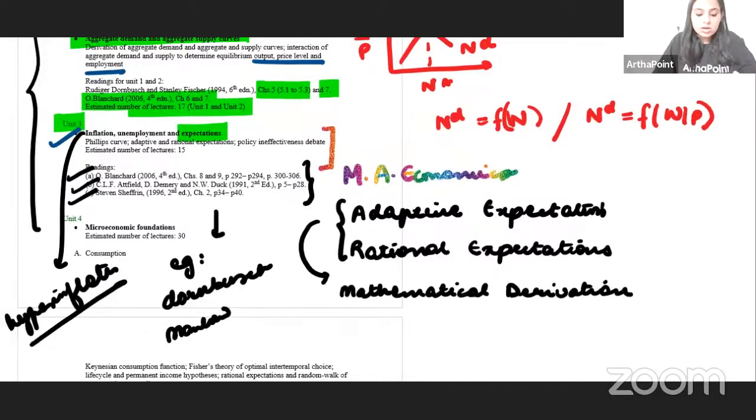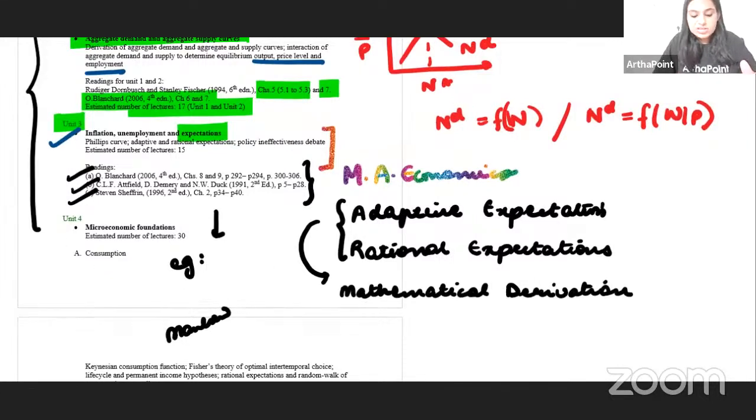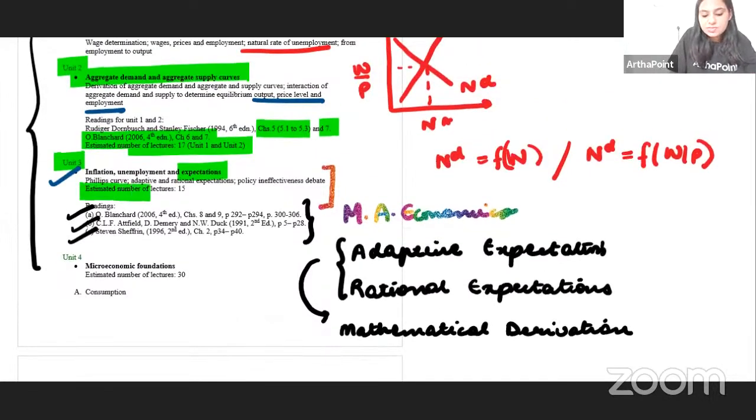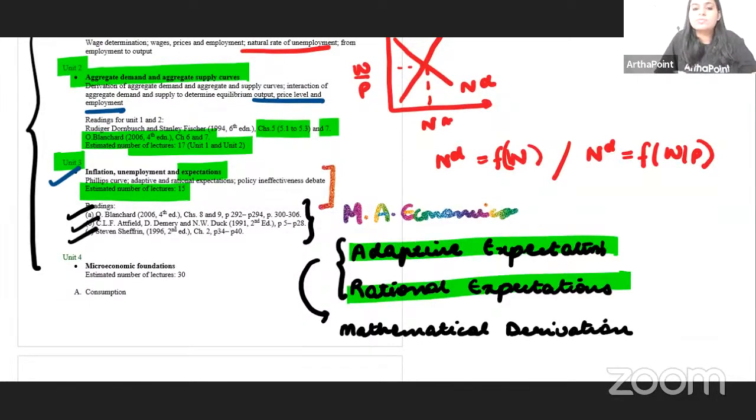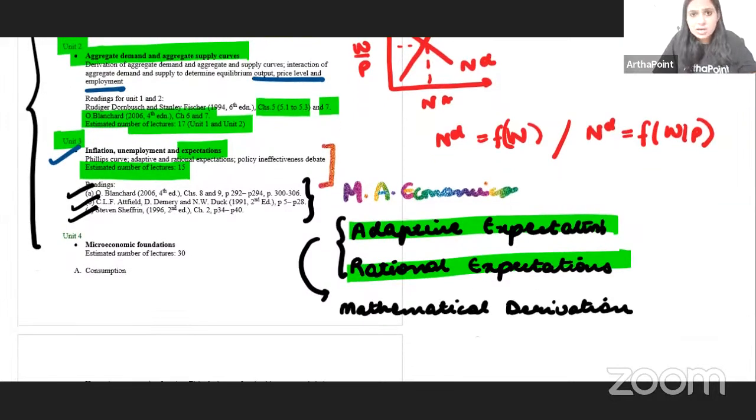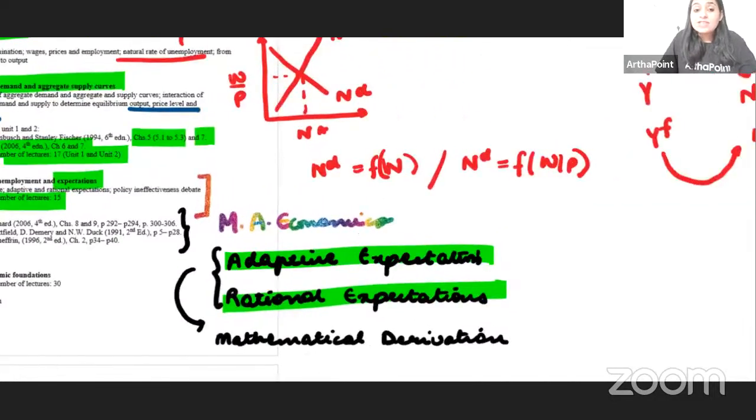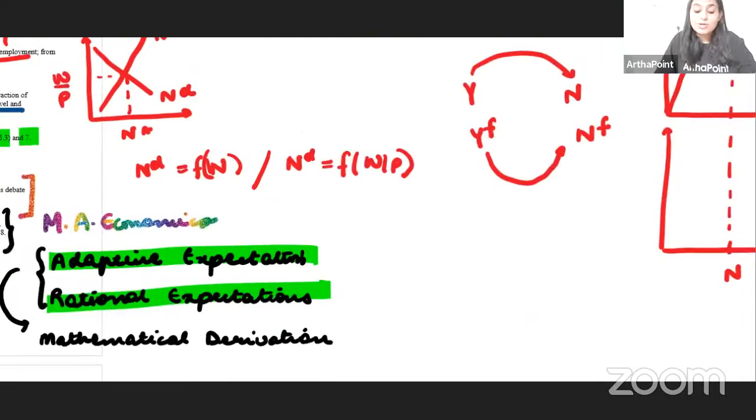So if you look here closely, you will see that unit 3 has 15 lectures because of the role that expectations has to play here. And Phillips curve is equally important. So Phillips curve is related to the rational expectation theory, by the way. It's related to expectations. It depends on how people formulate their expectation.